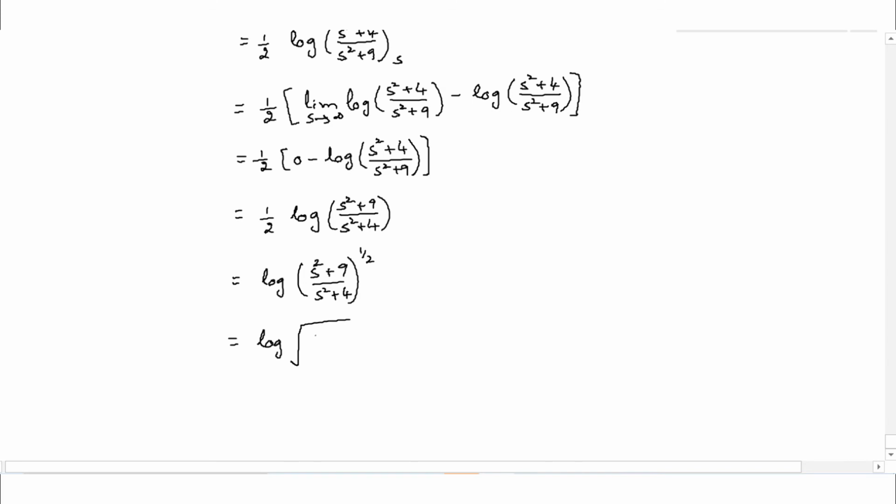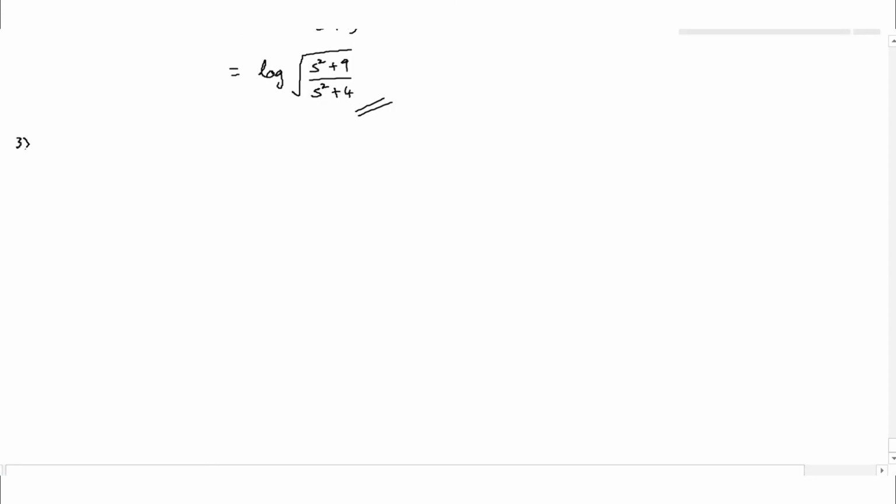So therefore I can write this expression to be equals to log of, it is square root of s square plus 9 divided by s square plus 4. So that's the required solution. Let us move on to the next question.